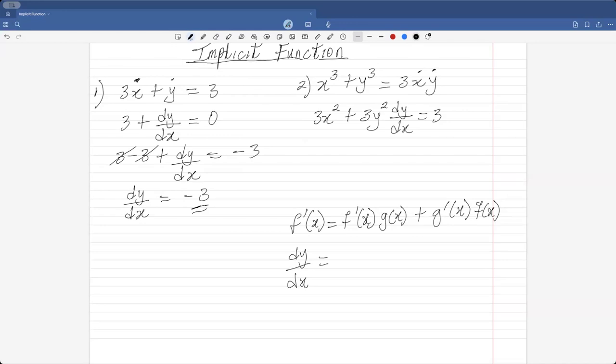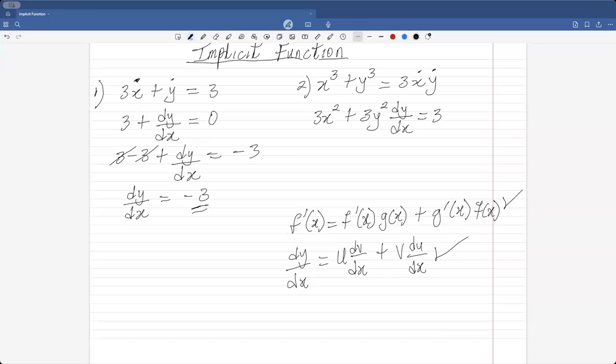If you call your functions u and v, you can differentiate using product rule by saying u dv/dx plus v du/dx. These two formulas are product rule.